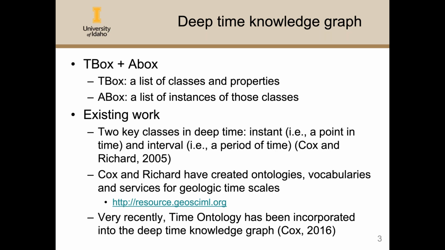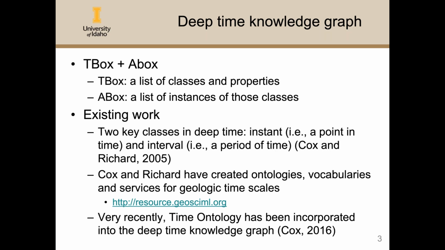And then for the deep time knowledge graph, there are several existing works, but I think the most representative one is the ontologies and vocabularies developed by Dr. Sam Cox and his colleagues. There are two key classes in the T box, the deep time ontologies.